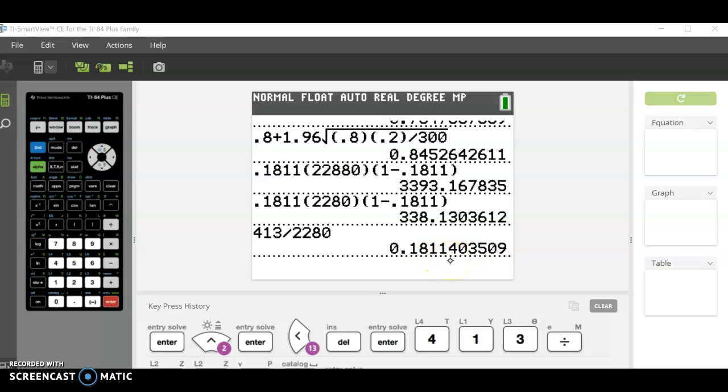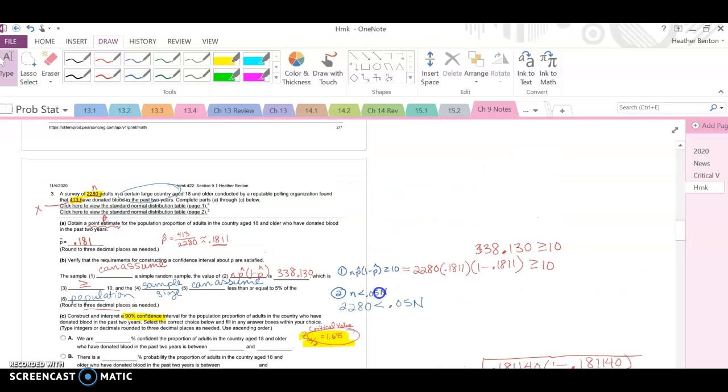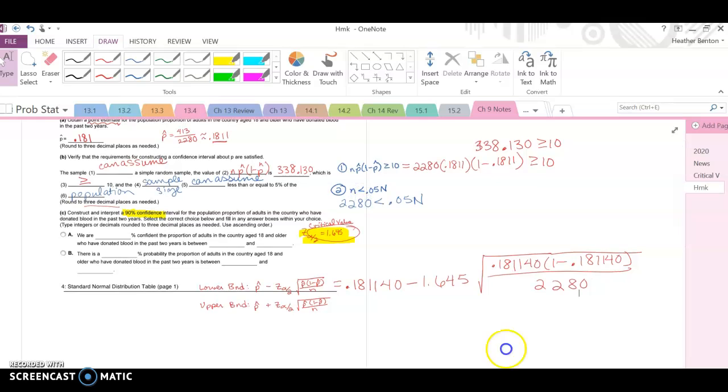So 0.181140 minus our critical value, 1.645 times the square root of our p hat, 0.181140, times 1 minus 0.181140, all over our sample size of 2,280.